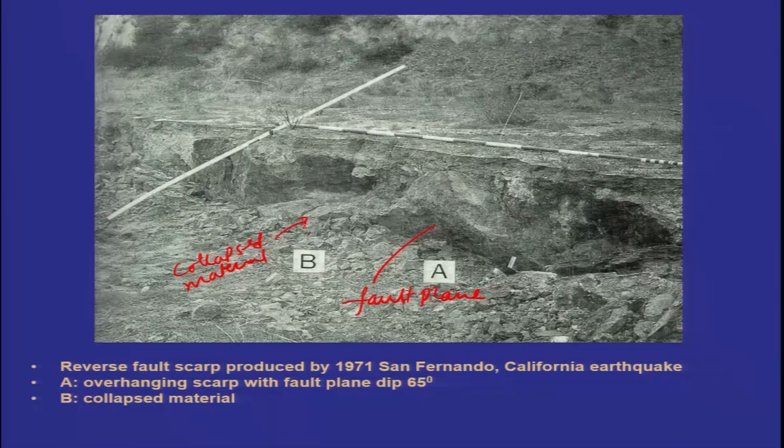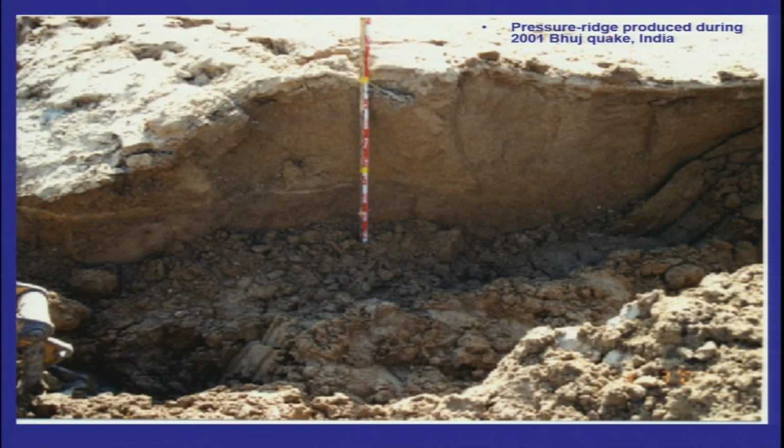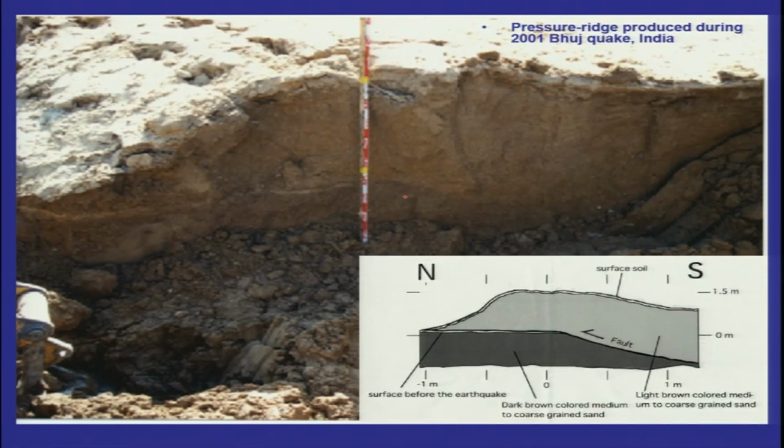So all what you see here is the collapsed material. Again, coming to the pressure ridge, which we discussed in the previous lecture, you have the cracks which have been seen, or the displacement on the surface. Okay, and this is because of the bending. So again, the dip of the fault has played an important role.